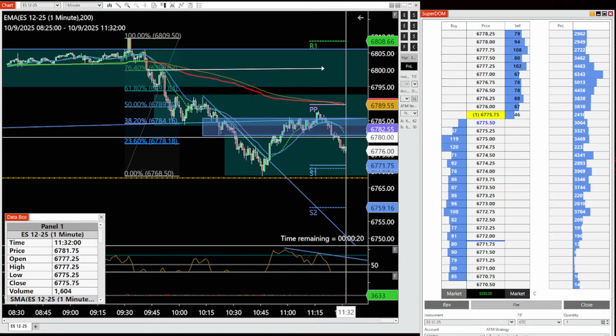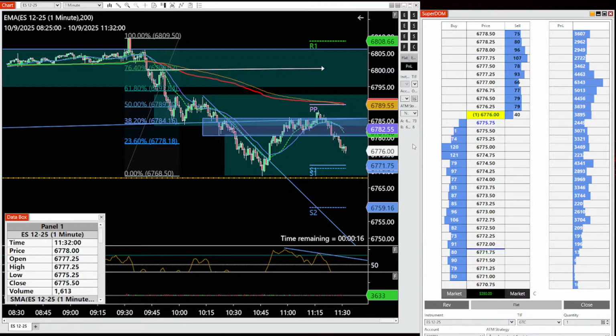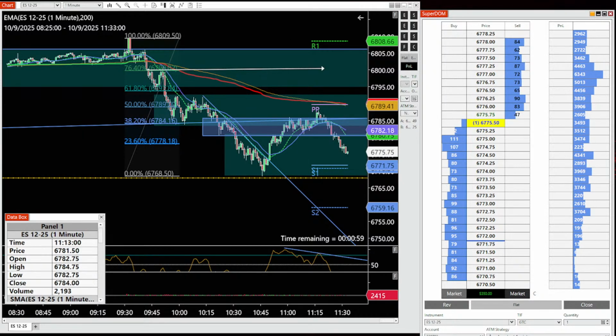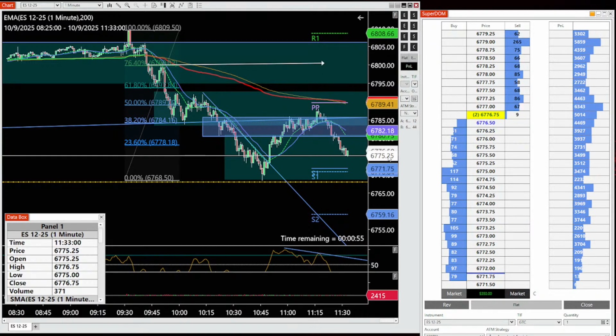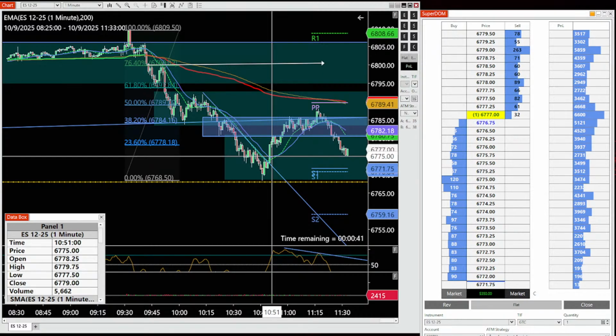I want to see it pull back. I want to see it pull back again. Roll back over. We hit the 65.